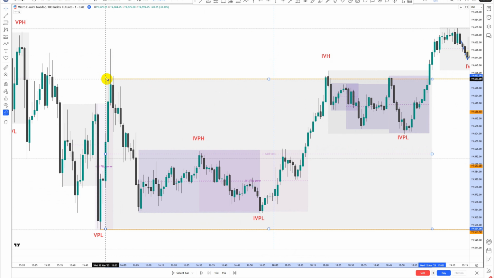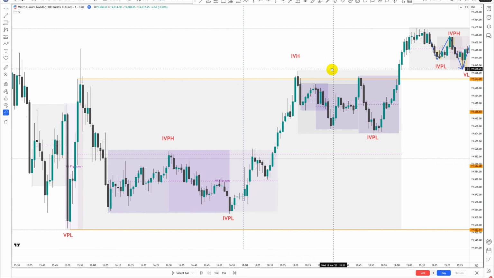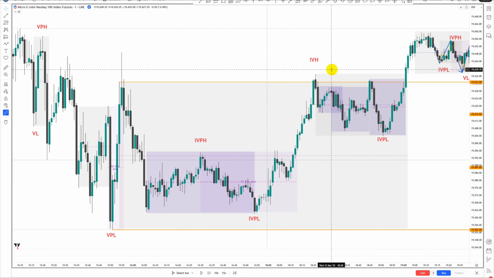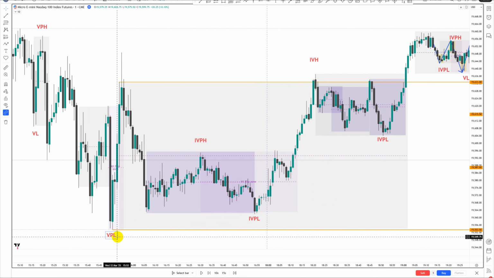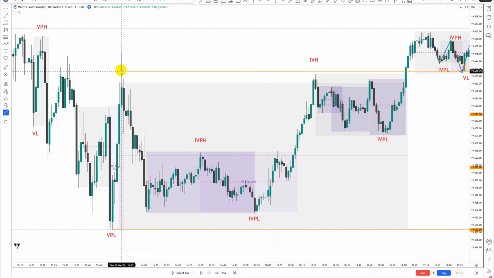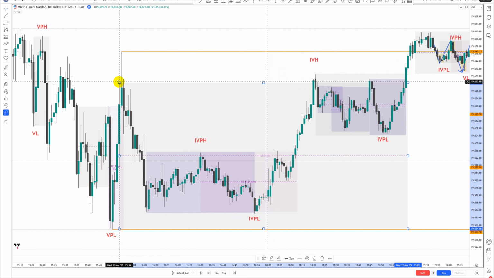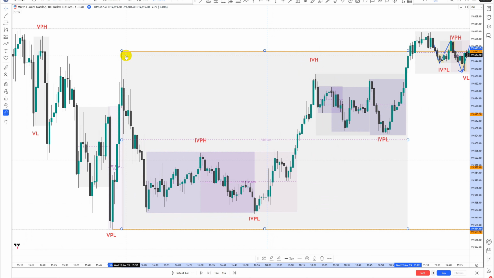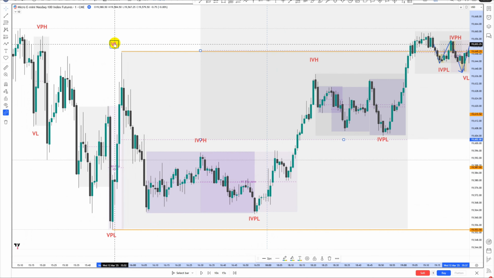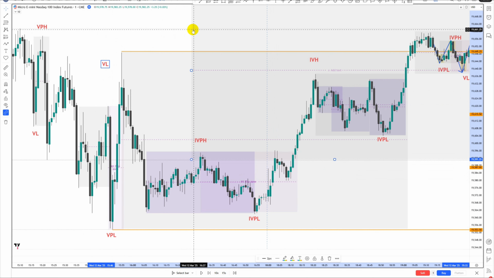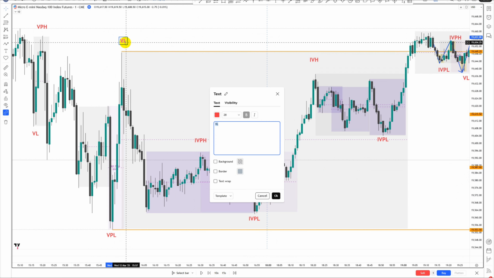Whenever it is broken up there, we can say that we have a valid protected low, but this is our protected one, and this one is our valid high because it is higher than this one. So that's why we're extending it up there and calling it a valid high here. Let me erase this. We call this a valid high.